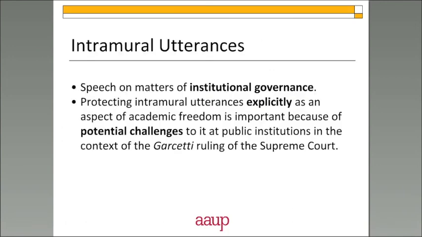Moving on, after talking about academic freedom in the classroom and in research, I'm moving on now to the third element, which is intramural utterance, which we generally use as a term for speech on matters of institutional governance.